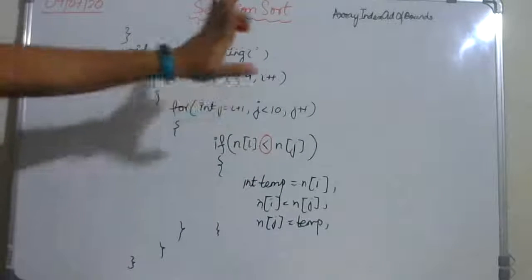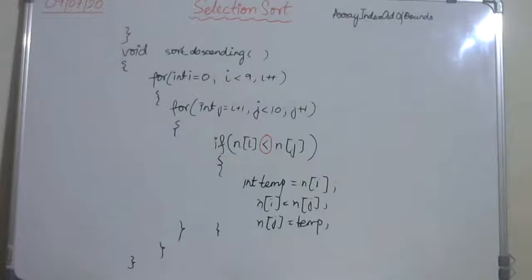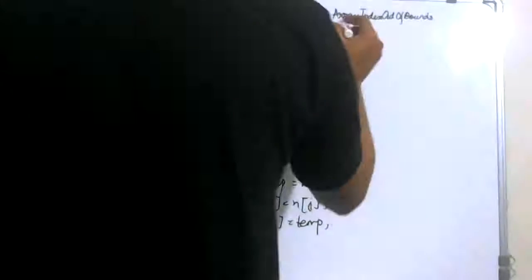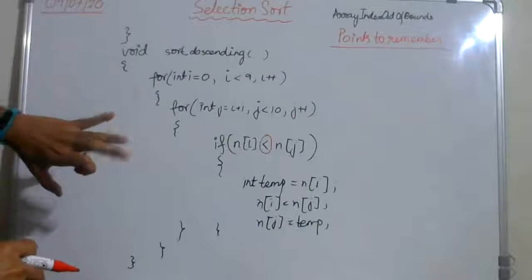So that's the only change that happens. Again, points to remember. You can very easily remember these two methods. Just remember one method and you will remember the other automatically.